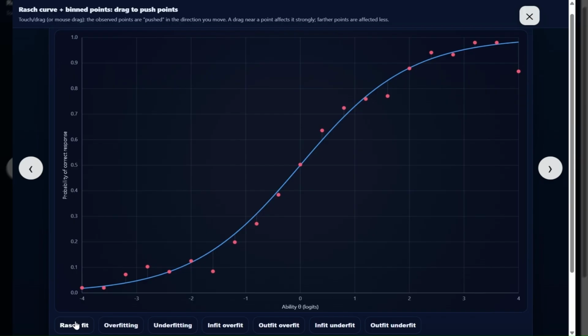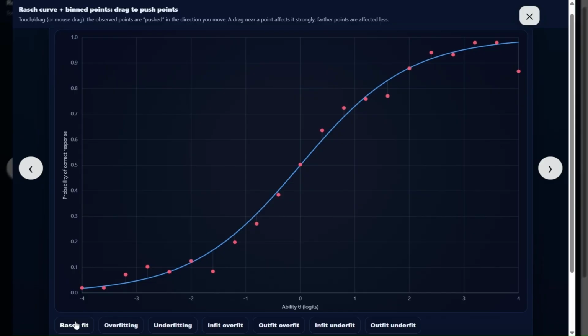While the outfit is usually affected by the outliers, and it's usually not the people primarily targeted by the questions, either the very clever or the very weak ability students, and reflects something like miskeying, wrong key, or a lot of guessing and other things that we will see.